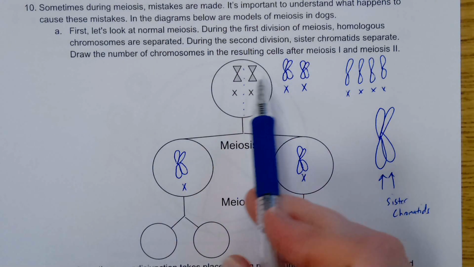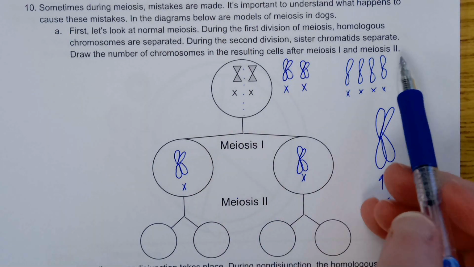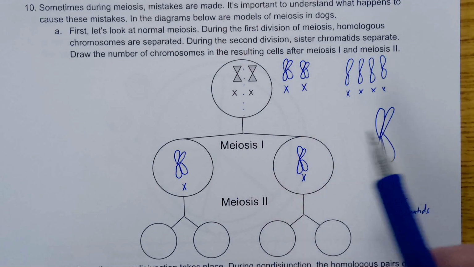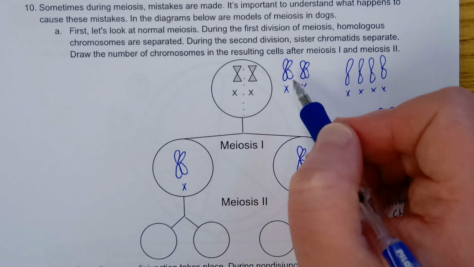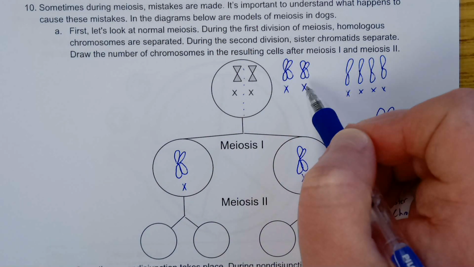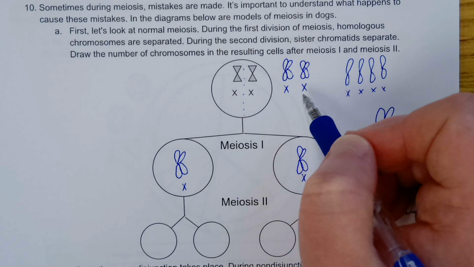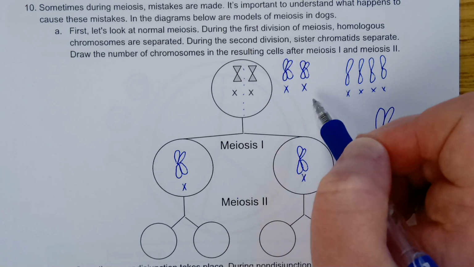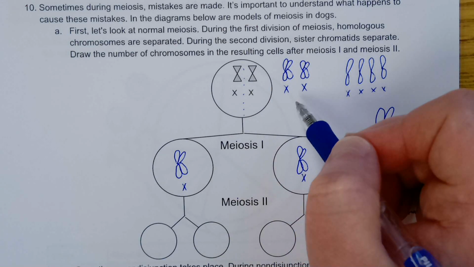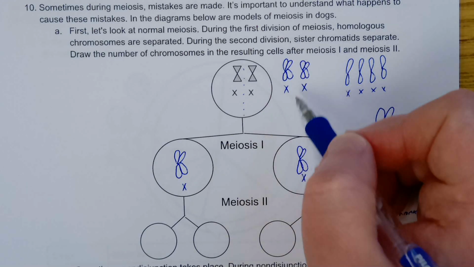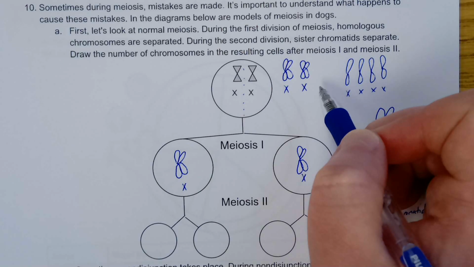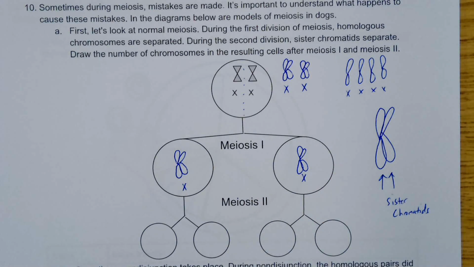These are called homologous chromosomes. It says homologous chromosomes here. And the reason they're homologous is this X is from mom and this X is from dad, and they aren't identical to each other. They code for the same things because they're the same chromosome in terms of what genes are on them. But dad's X chromosome and mom's are probably not going to be identical.